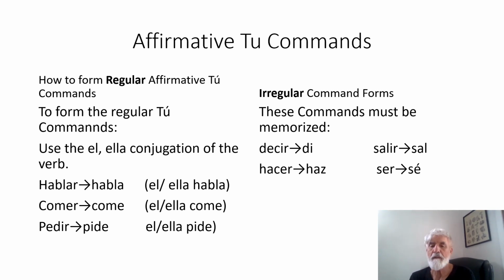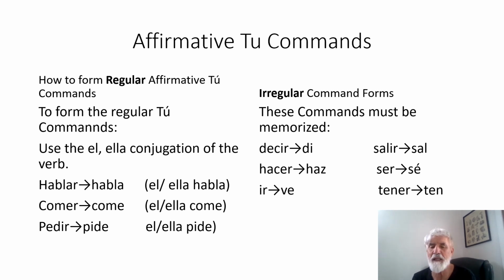Ser, the verb to be. If you want to tell somebody to be good, you would say, sé bueno, sé bueno. Ir, the verb to go. If you want to tell somebody, go to school, you would say ve. You just have to learn these. They're totally irregular. Ve a la escuela. Tener, if you want to tell somebody to have patience, you would not say tiene.